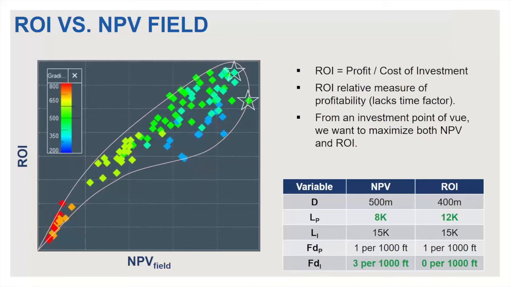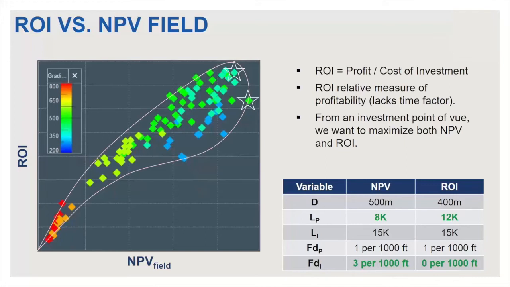And it's a very good metric when you want to compare different development scenarios, but also to compare different developments within your portfolio. Let's say I can develop reservoir A or reservoir B. In that sense, it makes sense to compare the ROI for both developments. So from an investment point of view, you want to maximize both NPV and ROI.